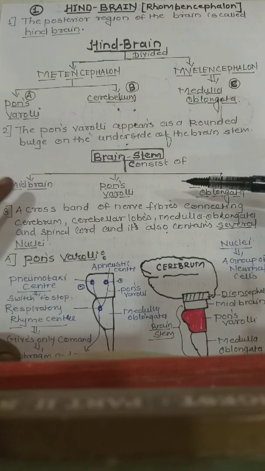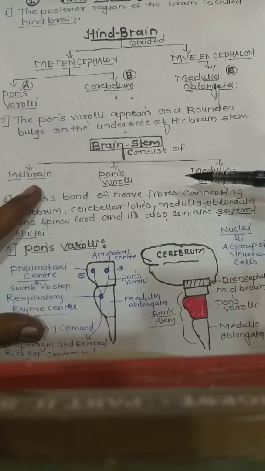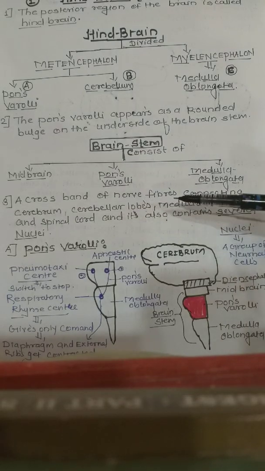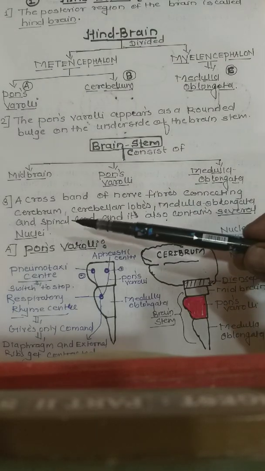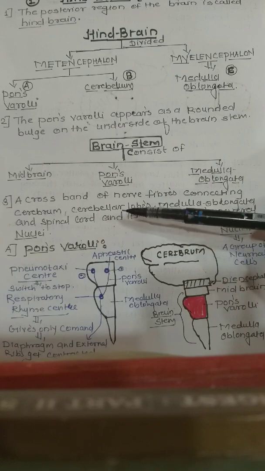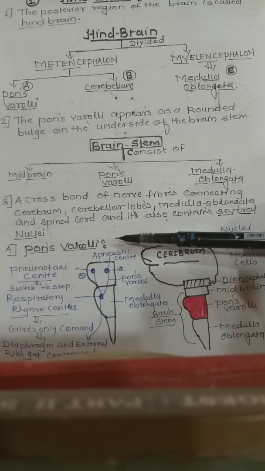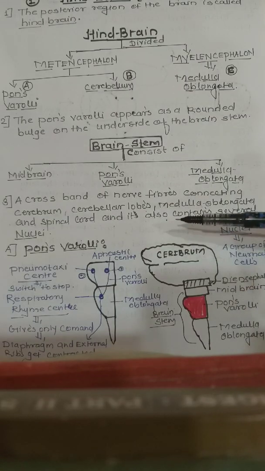The pons varolli has a cross band of nerve fibers connecting the cerebrum, cerebral lobes, medulla oblongata, and spinal cord, and it also contains several nuclei.